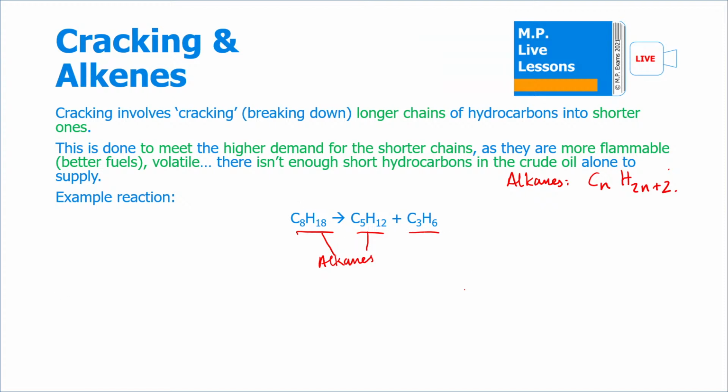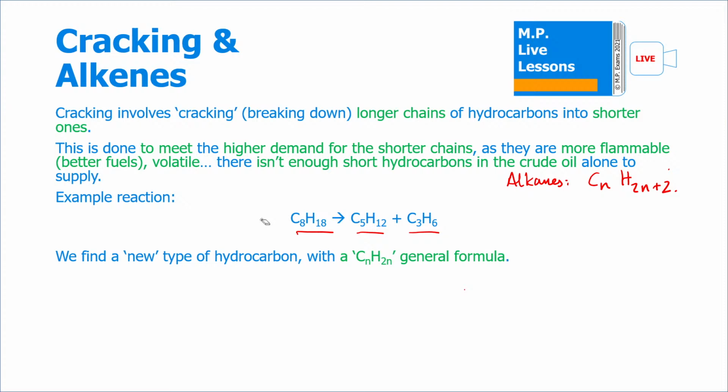It has twice as many hydrogen atoms, nothing like the plus 2. That means we've found a new type of hydrocarbon, which has a general formula CnH2n. This is an alkene.